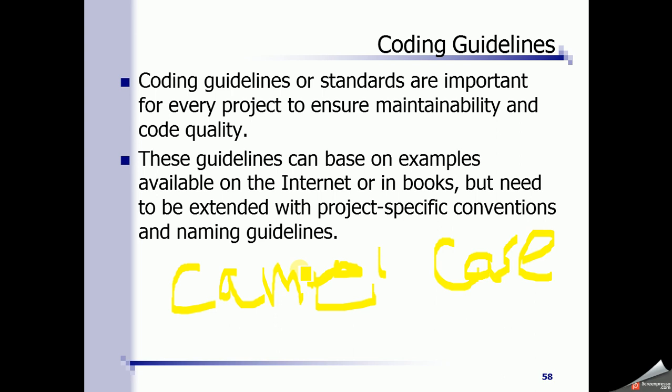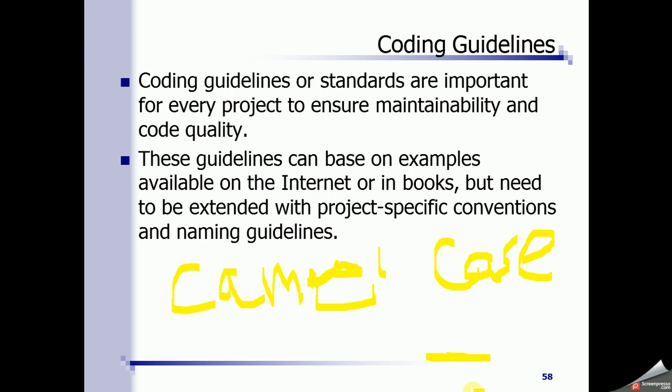Camel case is used as a naming convention in which the first letter of every word is capitalized, right? So it is one technique. Or you can use underscores to separate different words in the names of variables or classes or methods.